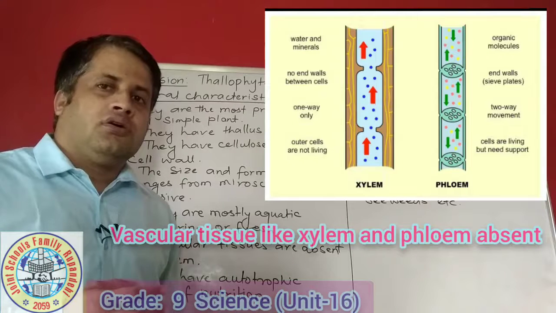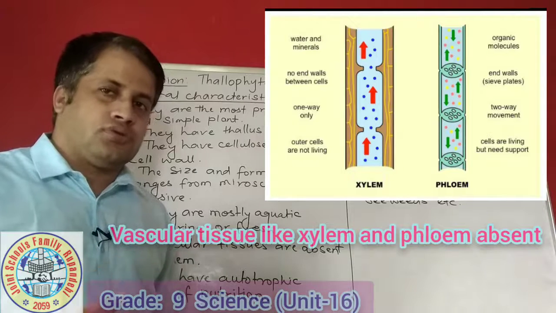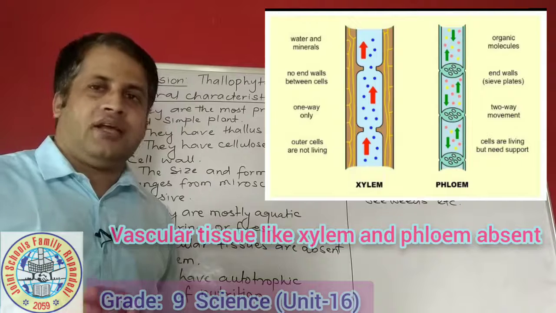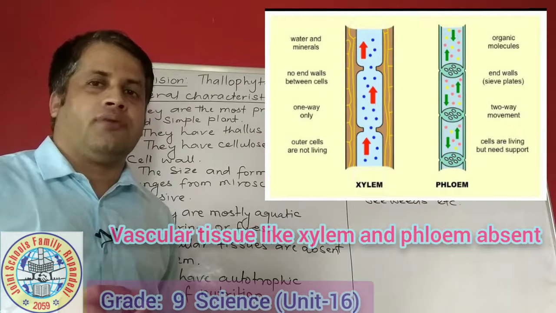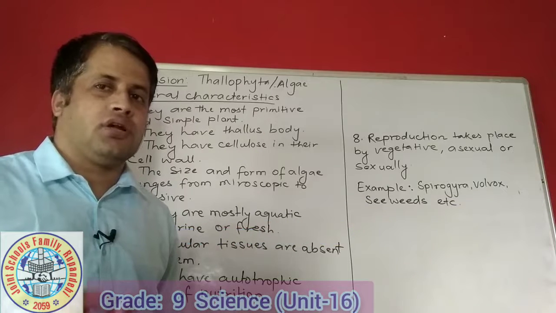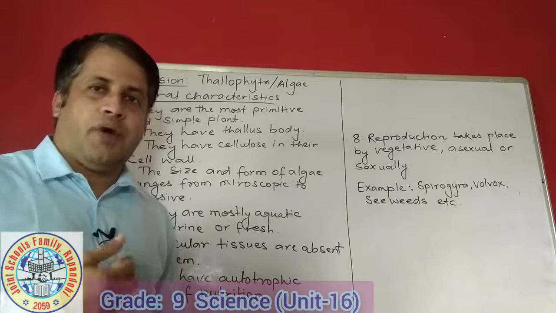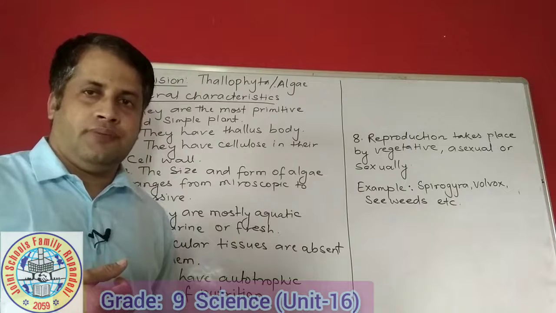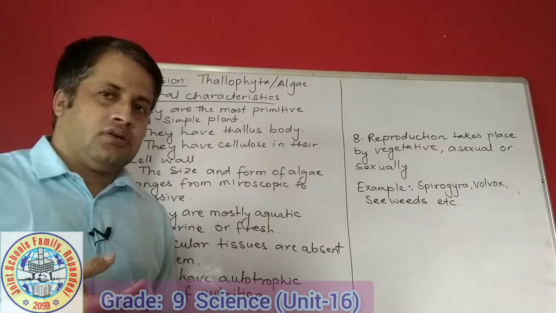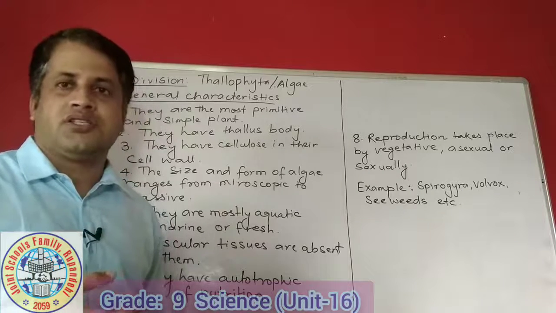So vascular tissues like xylem and phloem, which are responsible for conducting nutrients to different parts, are absent.